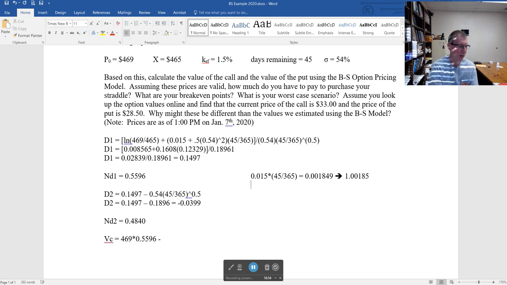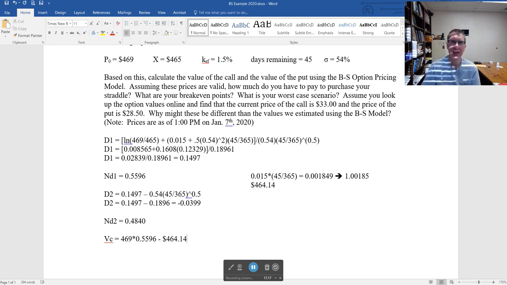And what that's going to give me is $464.14. So that is my present value of the strike price. Now note, that uses continuous compounding.